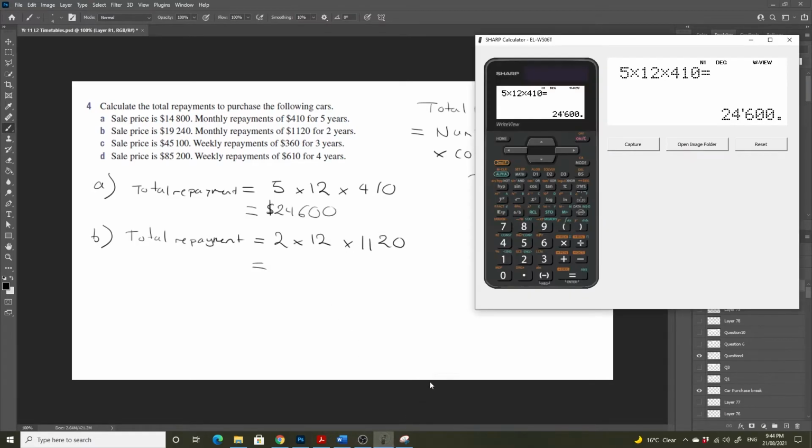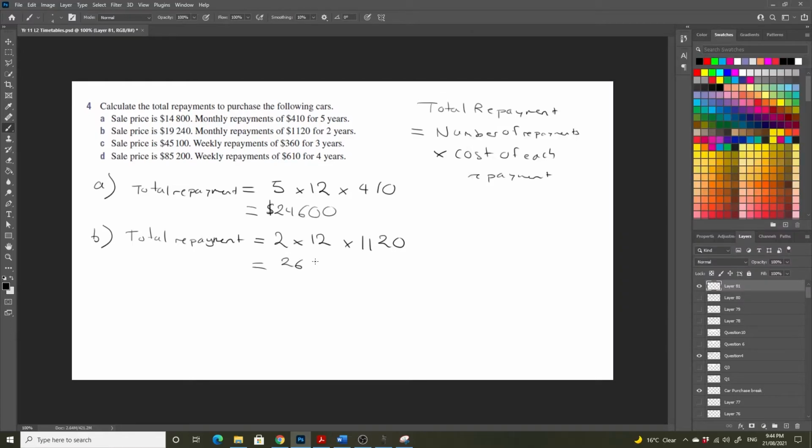So our total repayment is going to be 2 times 12 times 1120, which is $26,880.